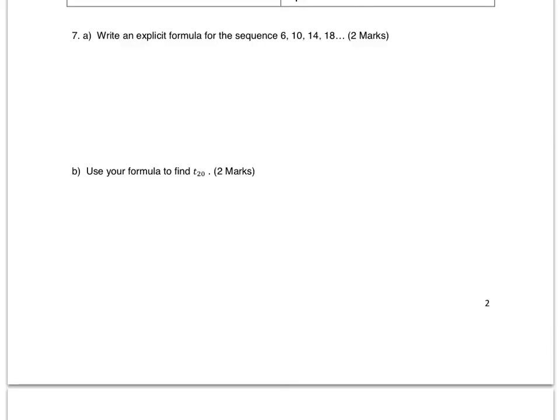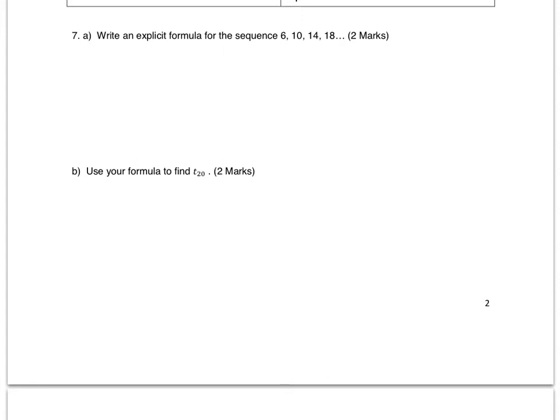The next question says, write an explicit formula for the sequence 6, 10, 14, 18. First, we have to check to see what type of sequence it is, since every term is 4 plus the previous term, because 10 is 6 plus 4, 14 is 10 plus 4, 18 is 14 plus 4.